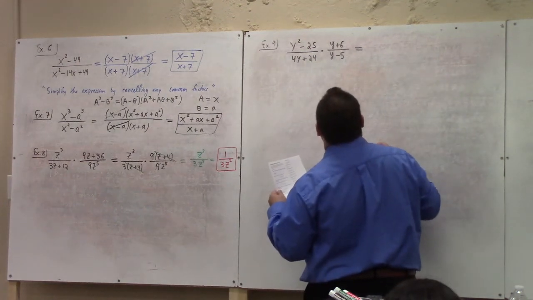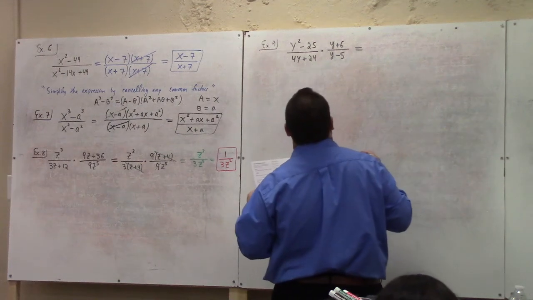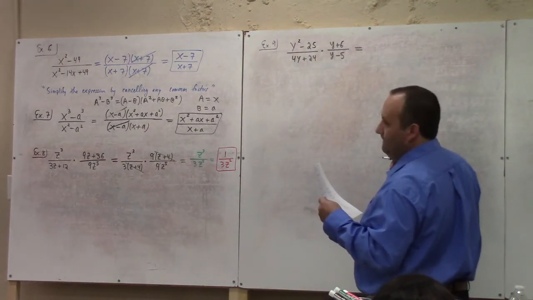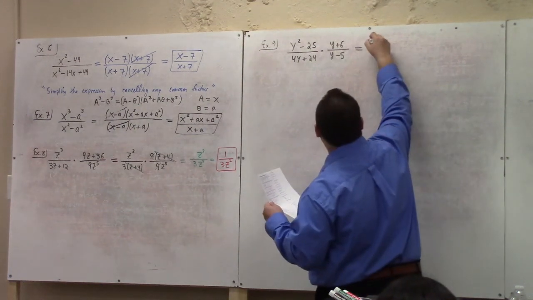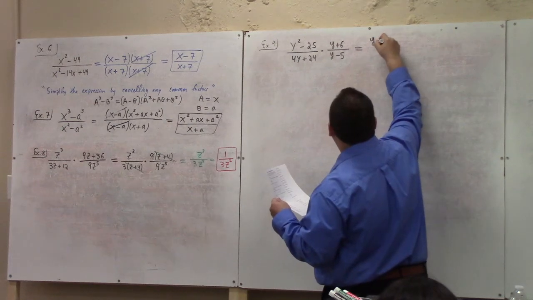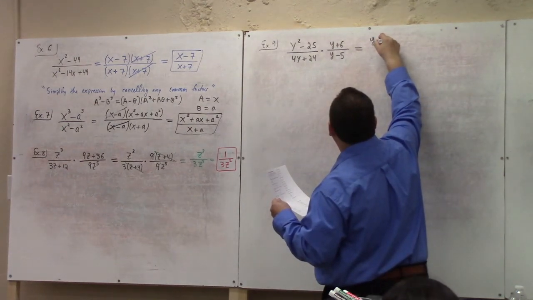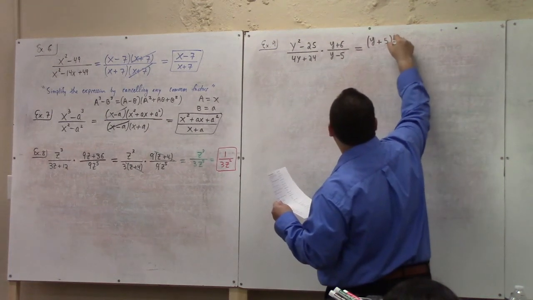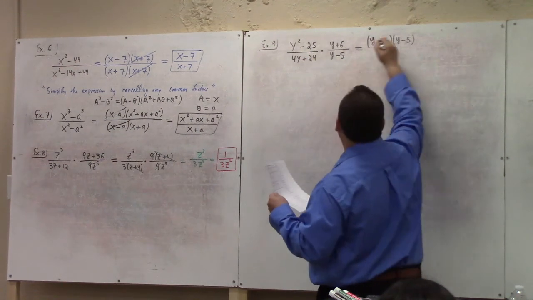So here's how I'd approach this. Can you guys tell me what I should do with the first fraction? Times what? Times, right, that is the y squared minus 25, right?